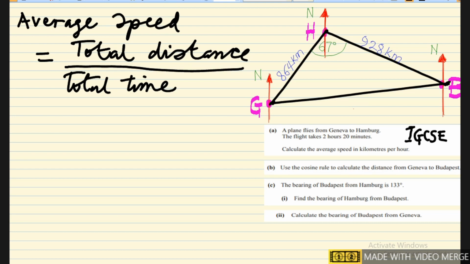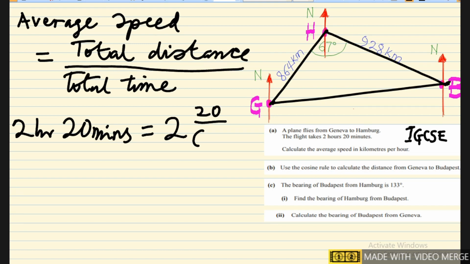2 hours 20 minutes is the same as 2 whole number, and the 20 we divide by 60 to convert everything to hours. We have 2 and 1/3 hours, which is the same as 7/3.